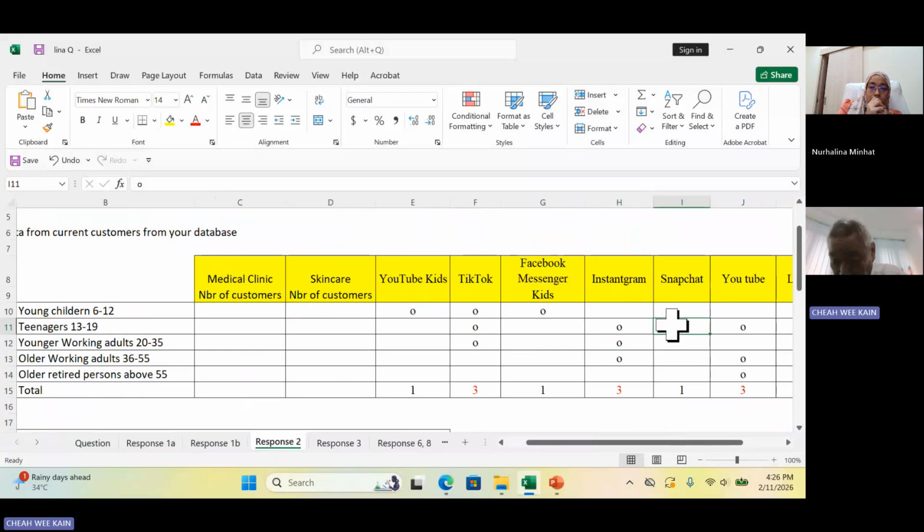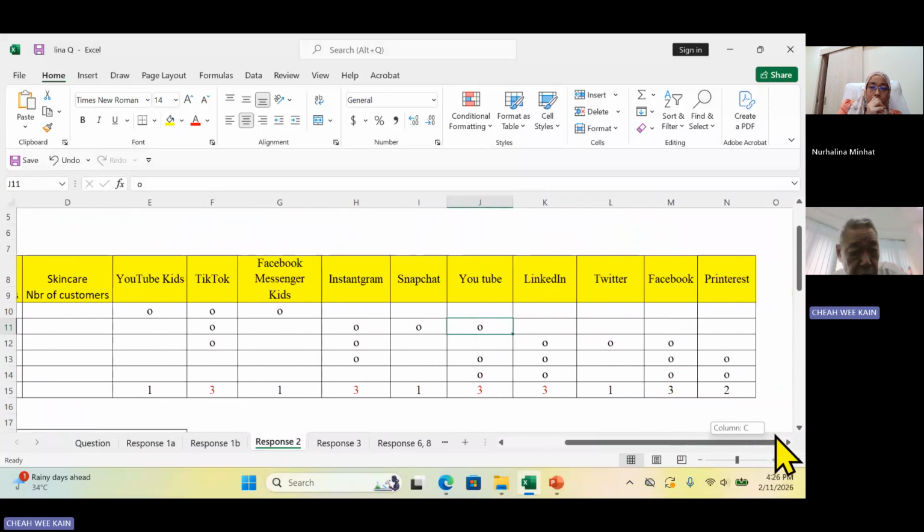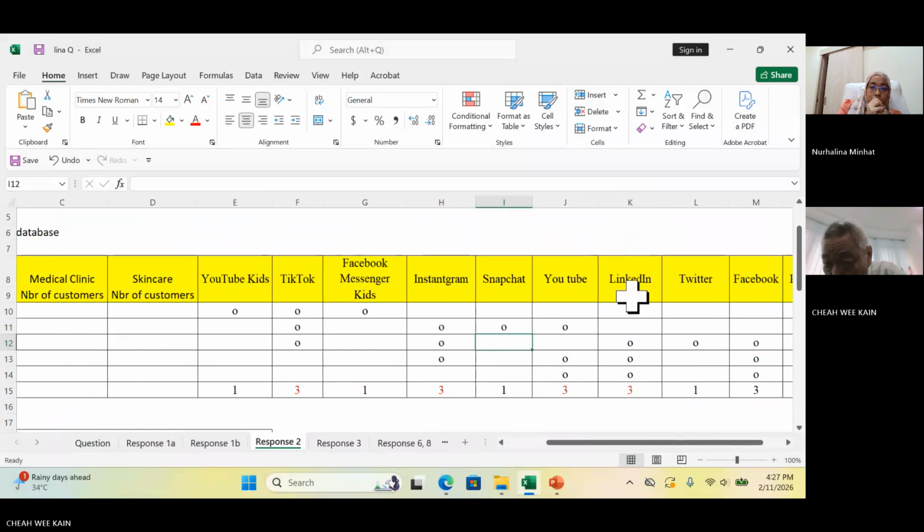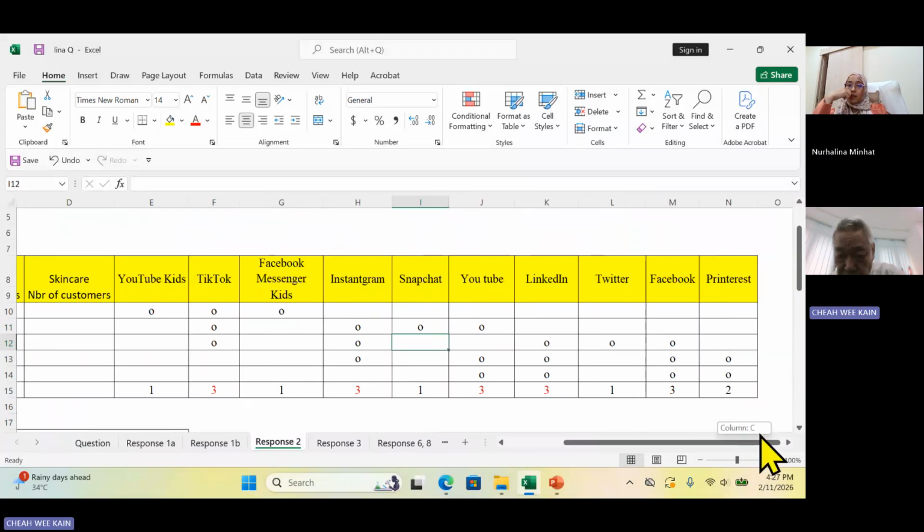Instagram, Snapchat, YouTube. If you are a working adult, you'll be using TikTok, what else? Instagram, Snapchat, and also LinkedIn, Twitter and Facebook. They use a lot.